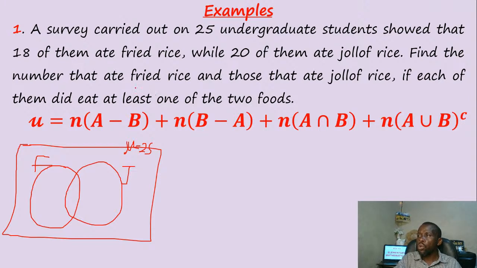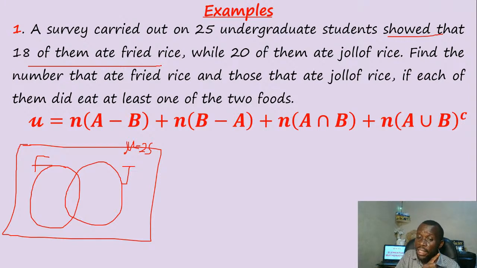Now, let's go back to the question. We are told that 18 of them ate fried rice, but we are not told fried rice only. There are some students who will eat fried rice and then go again and eat jollof rice. So we say 18 ate fried rice, but not only.